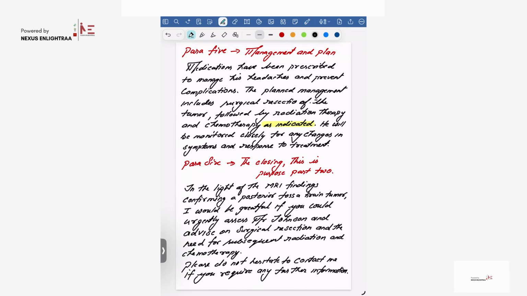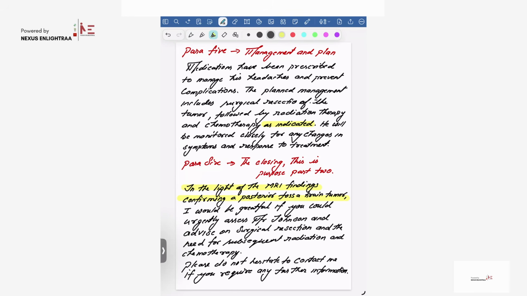All right. So in this paragraph, what I have written is that in the light of the MRI findings confirming a posterior fossa brain tumor. If you don't write this, it is okay.